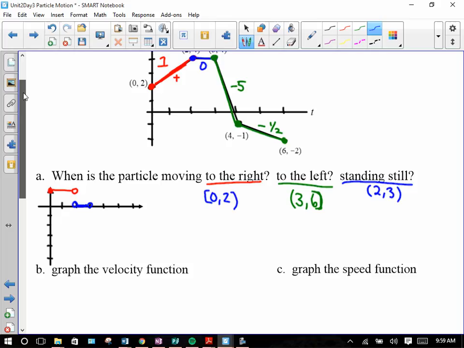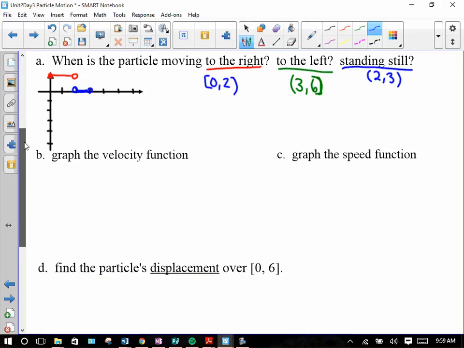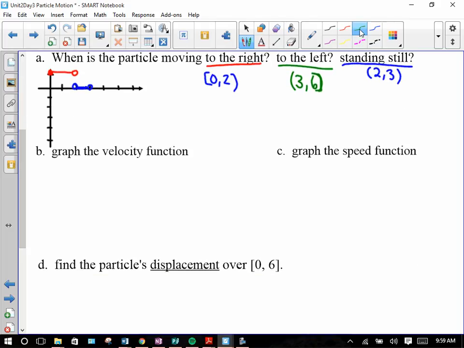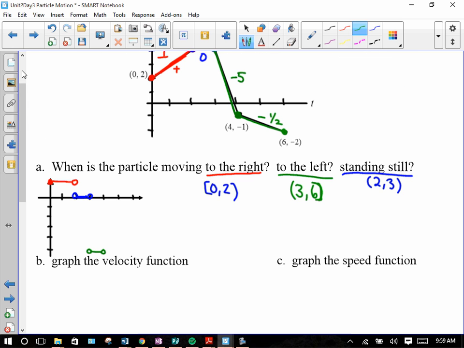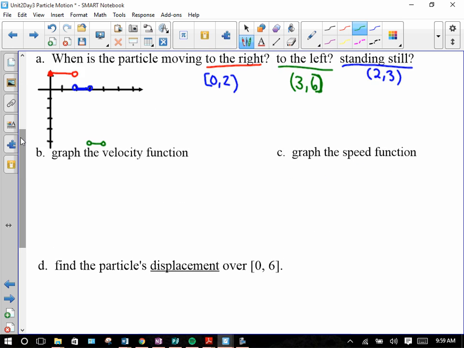Then from 3 to 4 it's negative 5. And then from 4 to 6 is negative 1/2. Right? So we went ahead and did that.